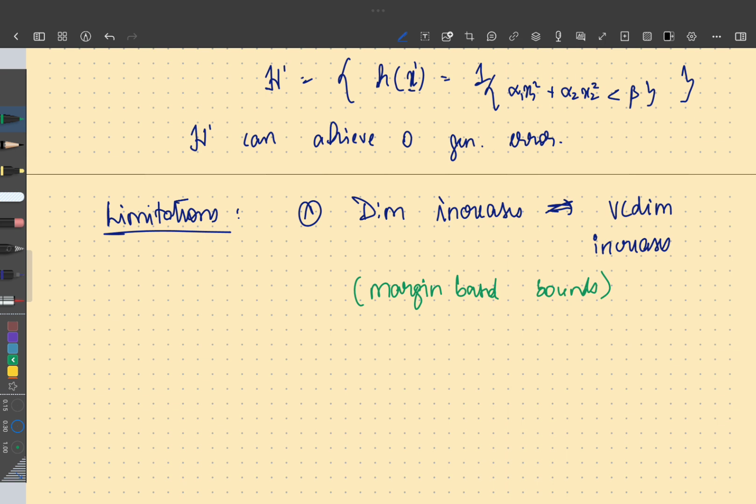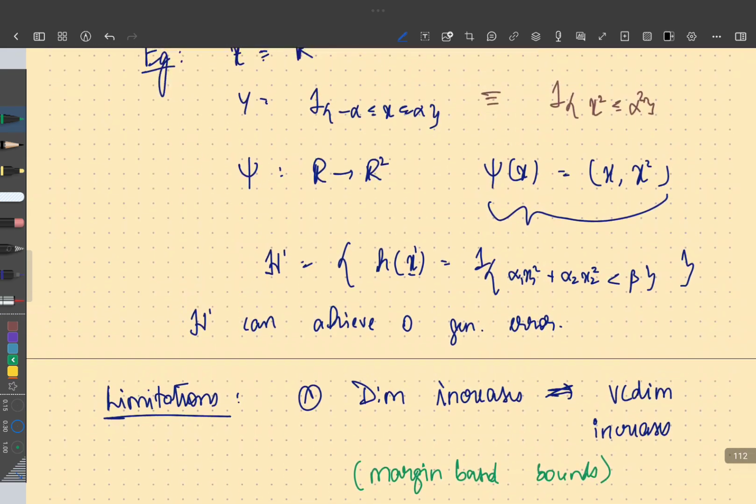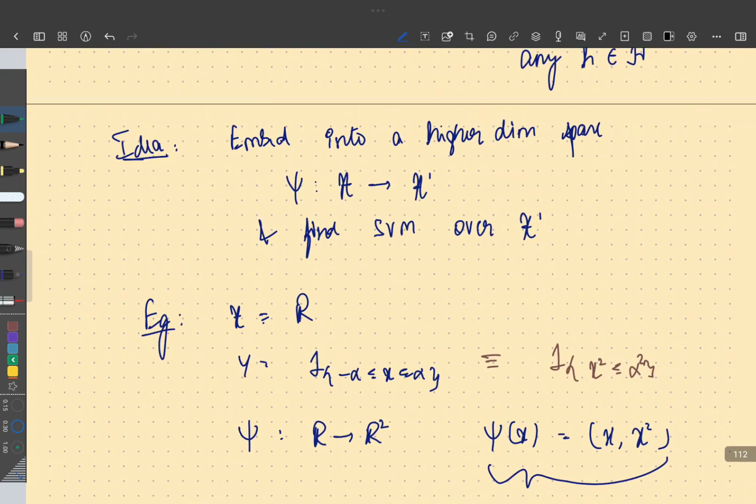So in other words, if I have a data set and it is linearly separable over some higher dimensional embedded space, then the guaranteed margin also gives me a bound on the generalization error. Okay, so this works only if there is a non-trivial margin in the space into which this is embedded. All right. So just on the point, the space into which this is embedded will be called the feature space.